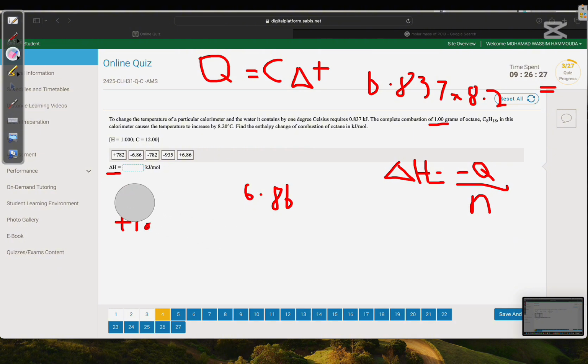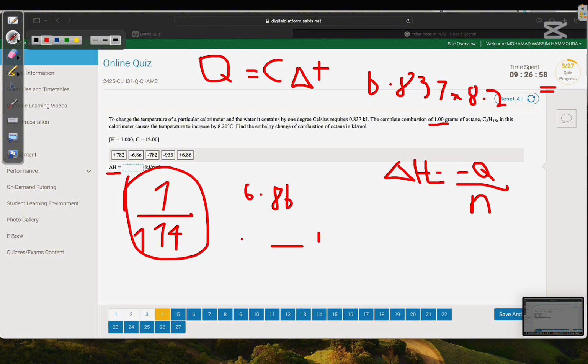So to find the moles, we do 1, which is the mass, over the molar mass, 114. 1 divided by 114 is a long number, which I wouldn't say, to be honest. Okay, and then now we do negative Q over this.